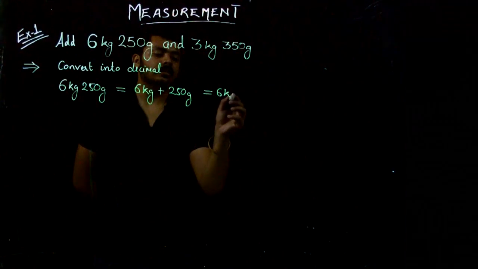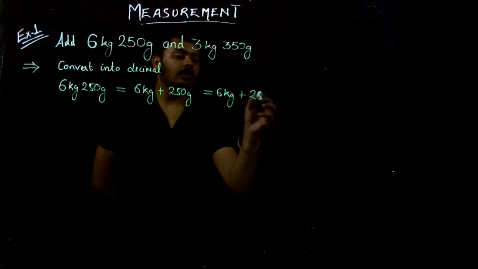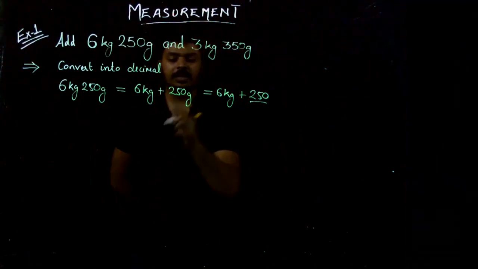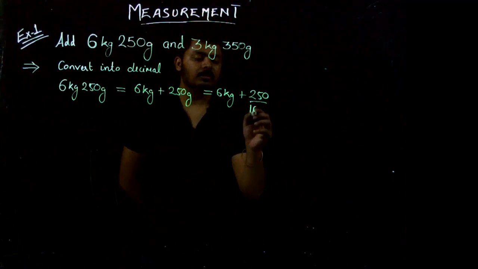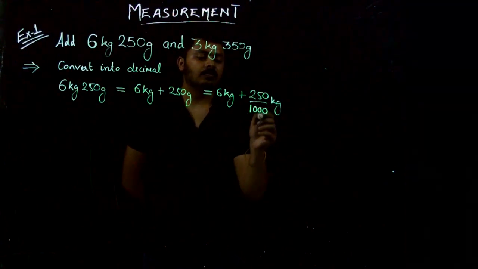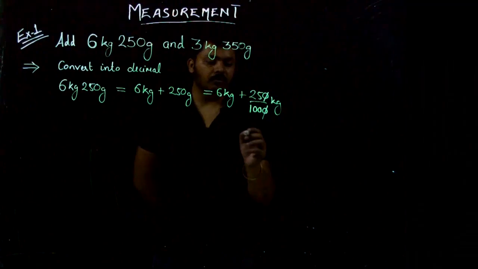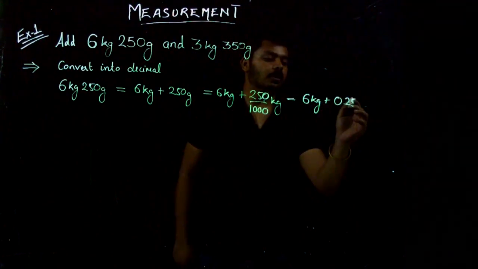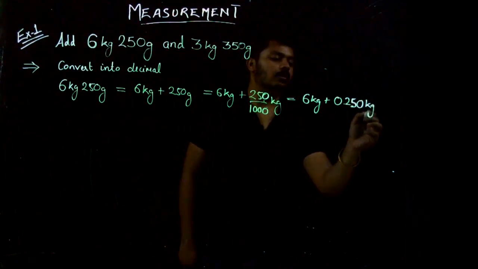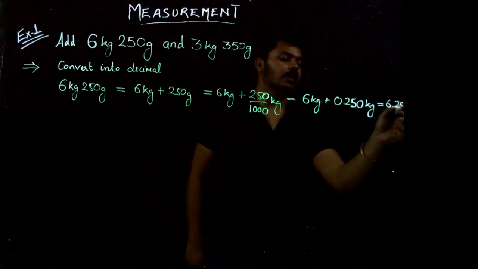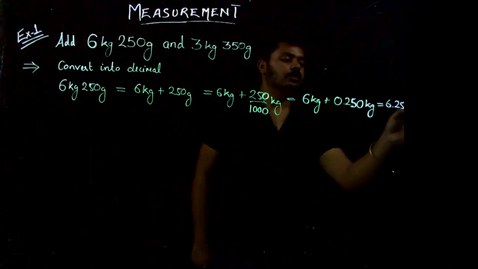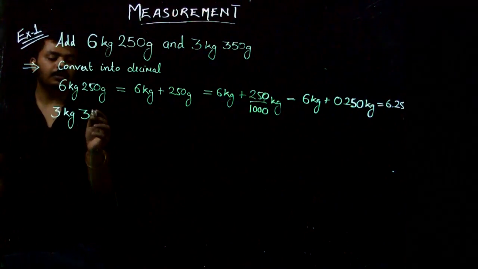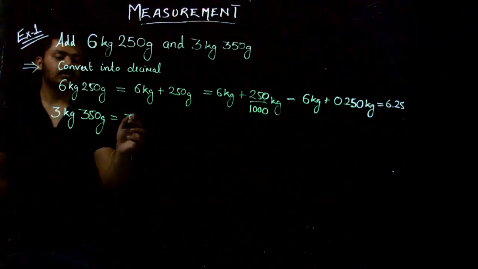That is 6 kg plus 250 upon 1000 kilogram, since 1 gram is equal to 1 upon 1000 kilogram. So now place the decimal before 3 digits, it becomes 6 kg plus 0.250 kilogram equals 6.250 kg.